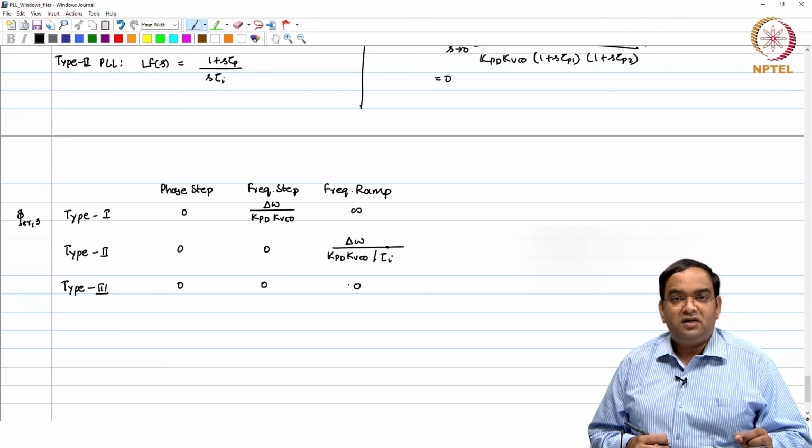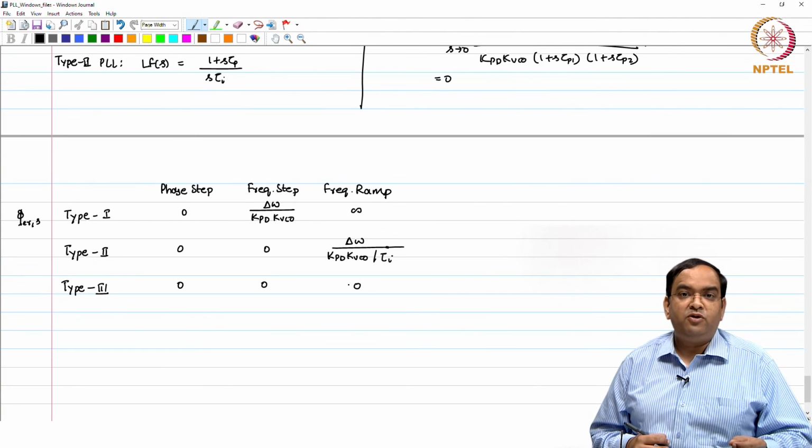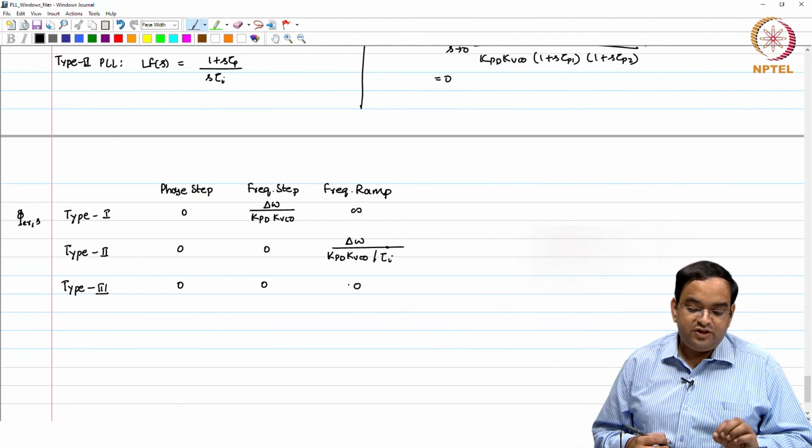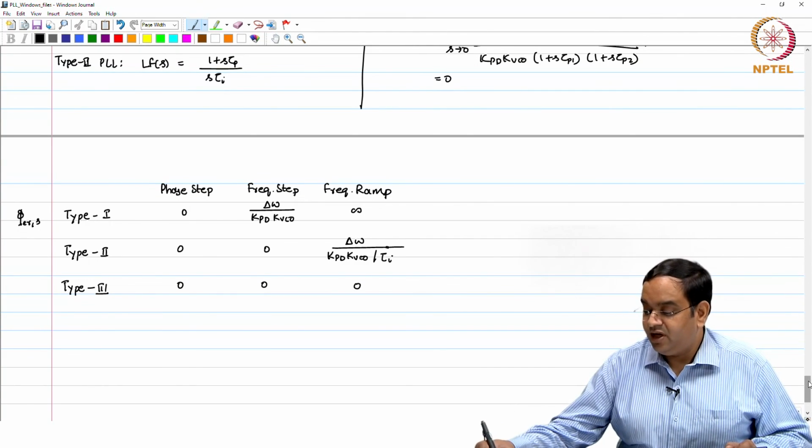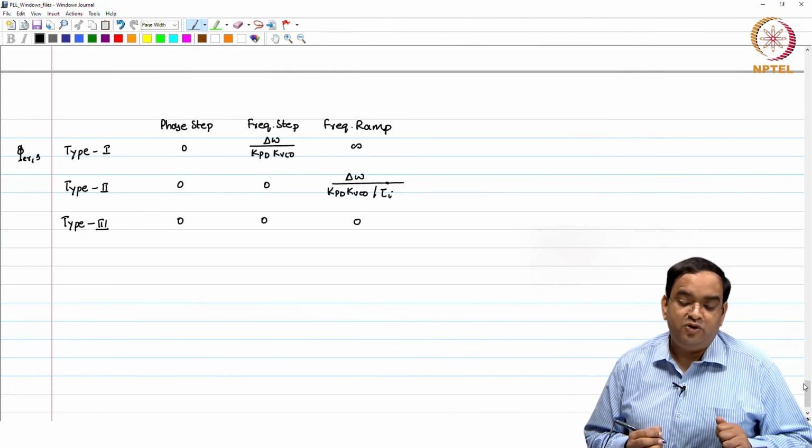So, based on what you would like to do with the PLL, whether you would like to apply phase step, frequency step or frequency ramp, you can choose the type of the PLL. The type and order of the PLL will depend on what kind of tracking you want. So, based on that you make a choice.